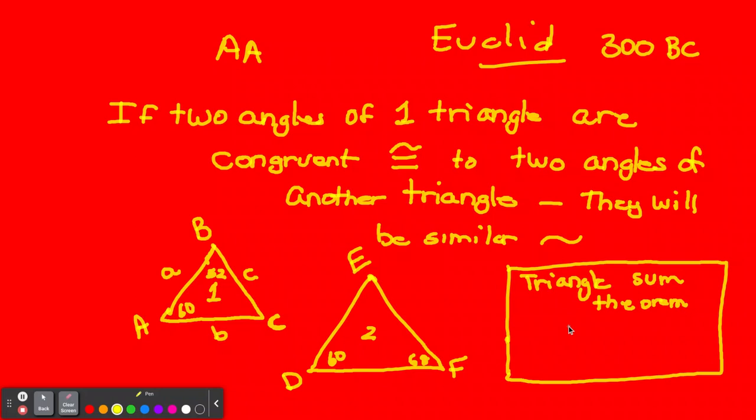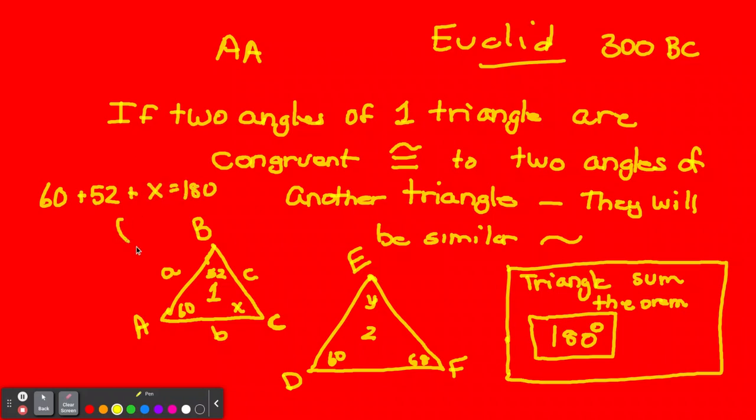With this theorem, we know that triangles are 180 degrees. They have to sum to 180 degrees. So what will be missing? We'll put a little X there and a little Y there. What will be missing in these triangles to get 180 degrees? So we know we have 60 plus 52. We need another number to get to 180 over here.